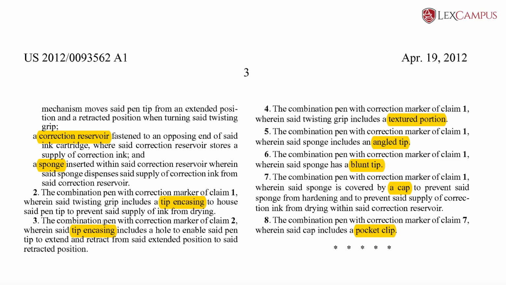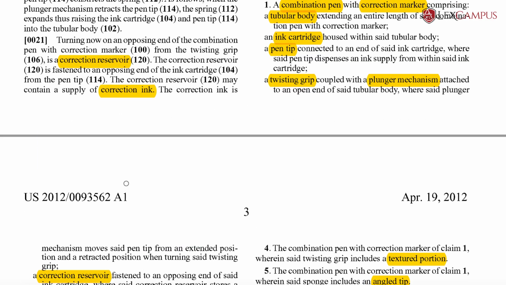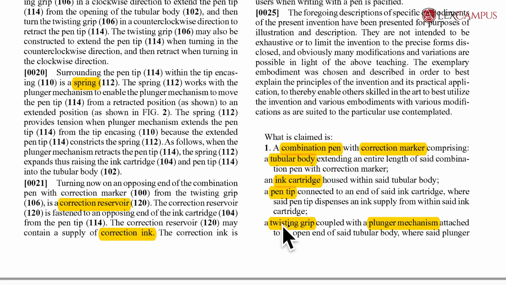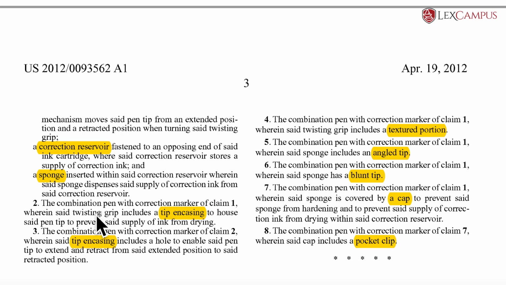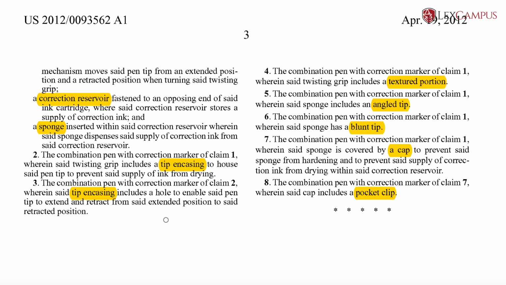We had seen that it was already mentioned in the description. Here, the twisting grip, which is an element that was already recited in the main claim, gets a limitation. It says that it includes a tip encasing. Okay, so the limitation in the second claim is to the twisting grip and not to any other element.